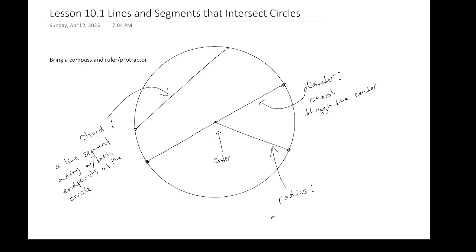And again, let's describe it. It's a line segment. It's not a chord, right? So we have to describe it as a line segment, and let's describe its endpoints. One of them is on the circle, and the other's at the center.